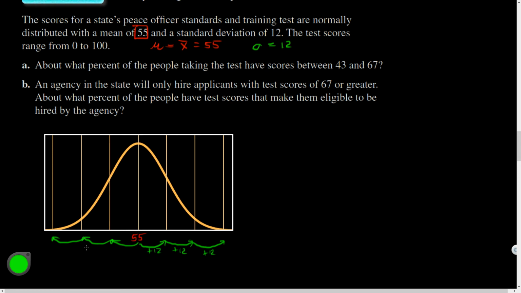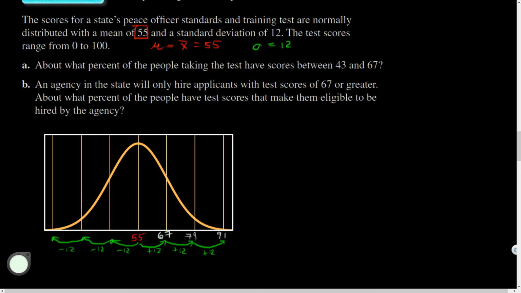So 55 plus 12, if you didn't leave space right here, you can write it underneath, that's fine, is going to be 67. 67 plus 12 will be 79. And 79 plus 12, is that what, 91?